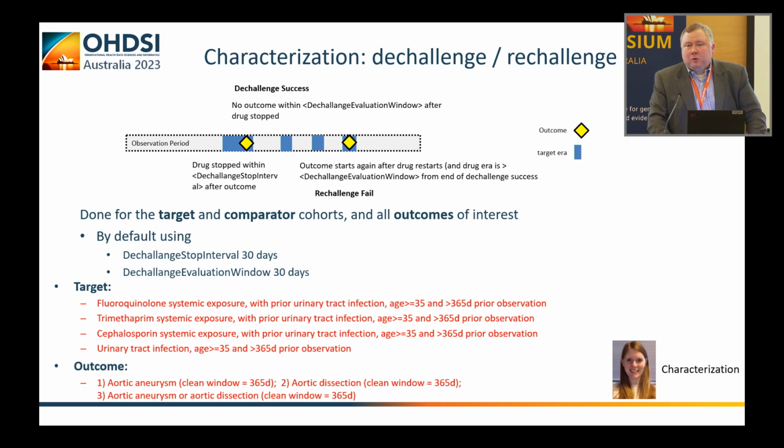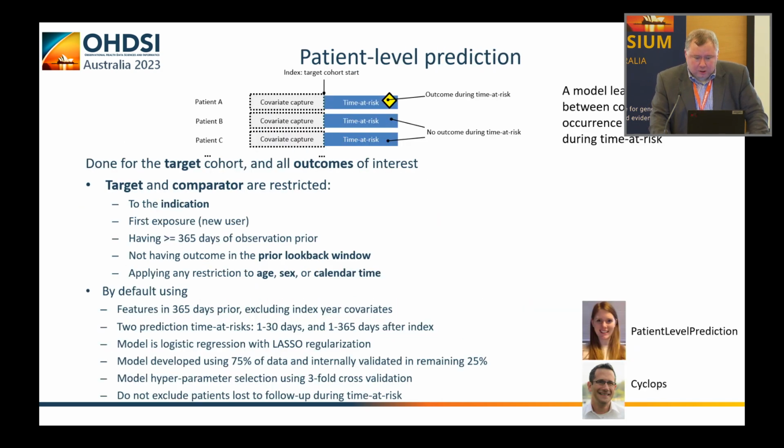But our time to event relation, our D-challenge, re-challenge can kind of give a sense of, for those people who had multiple exposure to fluoroquinolone, did we actually also see multiple aortic aneurysms, as an example here.